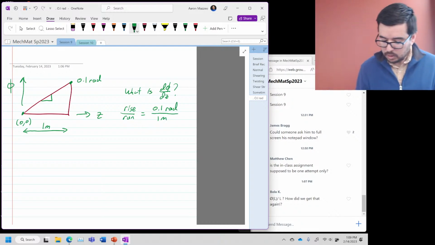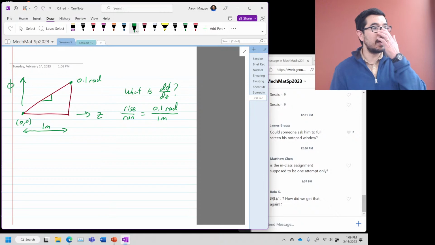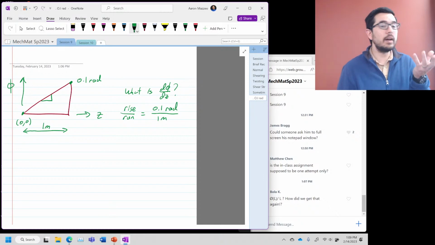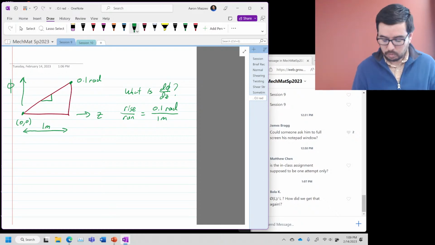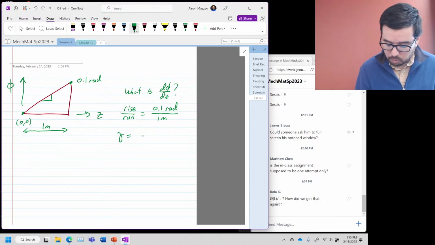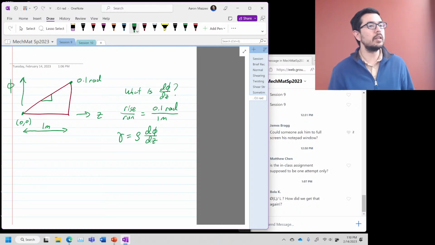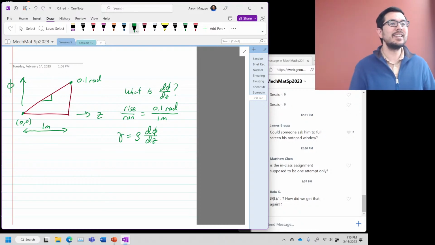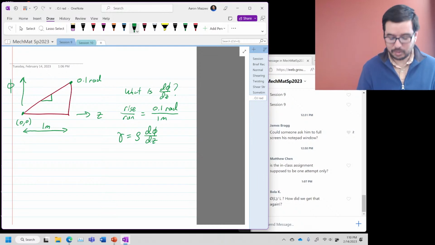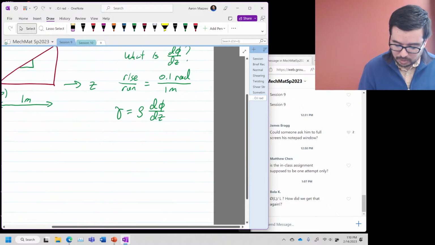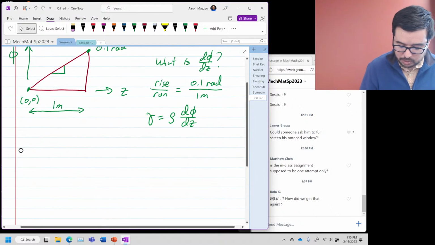And so that is how we're calculating gamma is equal to rho d phi dz. Does that make more sense? Hopefully. Thank you for asking the question. All right, so let's keep going.